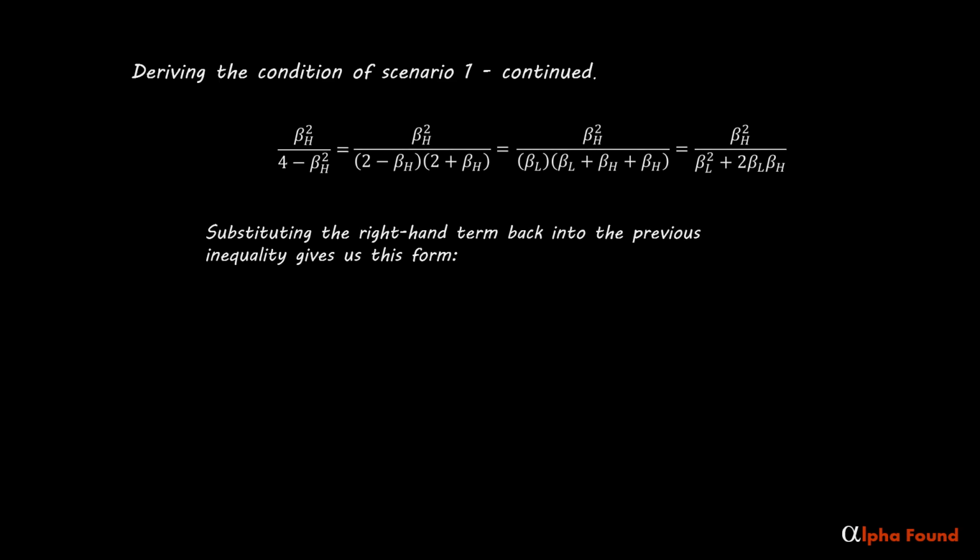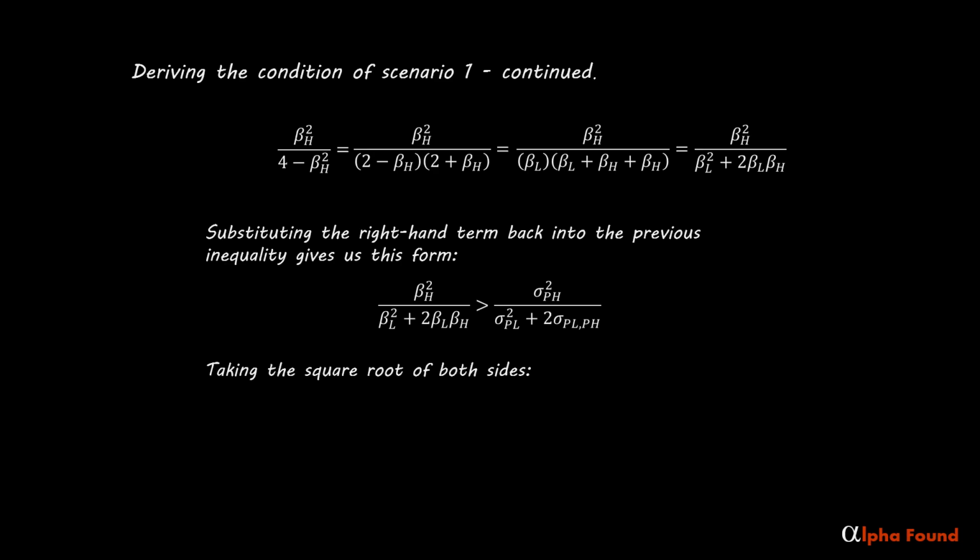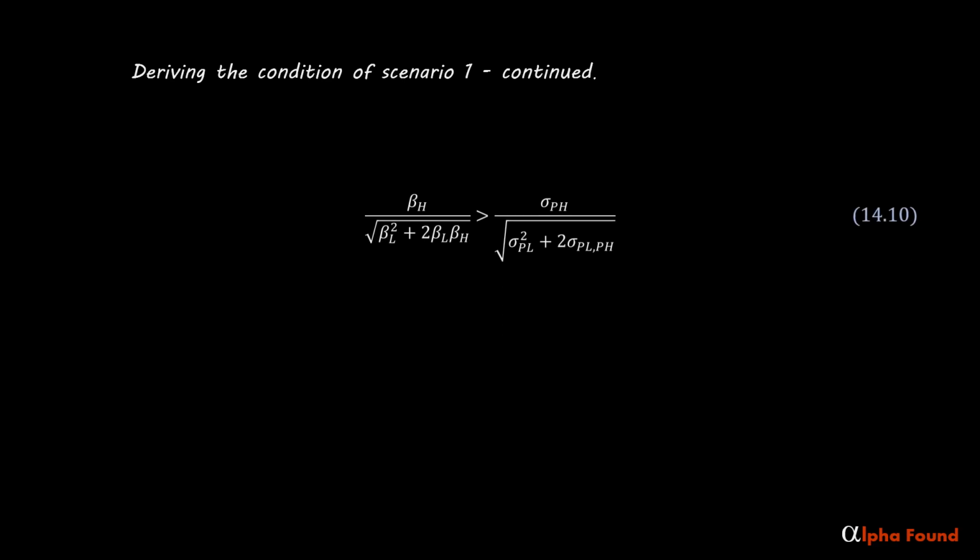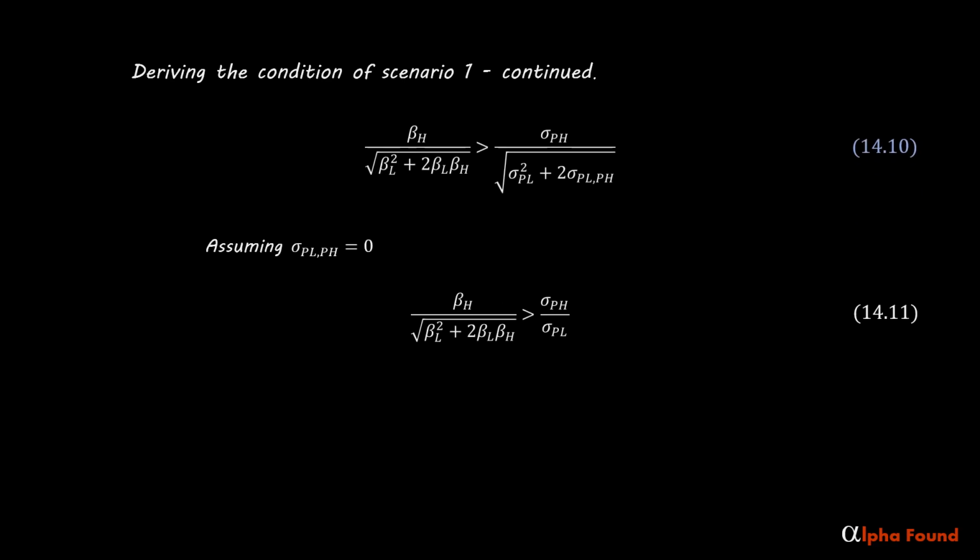Substituting the right-hand term back into the previous inequality gives us this form. Taking the square root of both sides, assuming the covariance between the perturbations is 0.